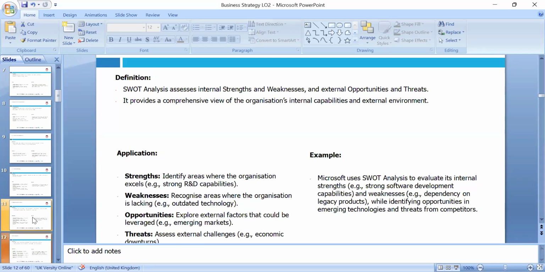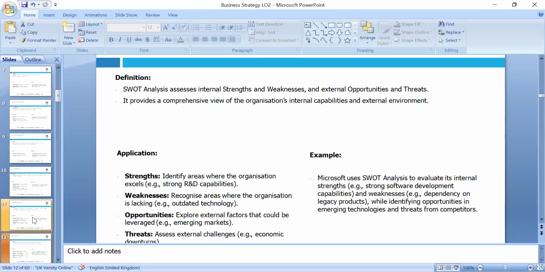So SWOT, we had a discussion in the previous lesson as well. Strengths, weaknesses, opportunities, threats. Strength can be your research and development, your number of staff, how many years in the area. Weakness can be outdated technology. Opportunity means exploring external factors, which we discussed: political, economic, social. Threats come from external factors like economic downturn.